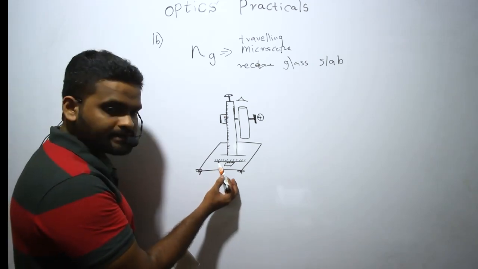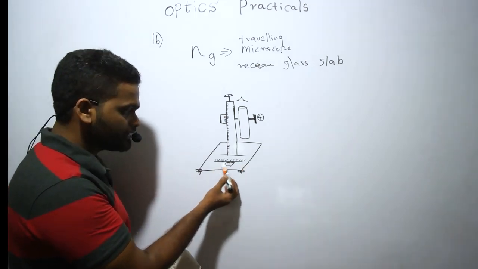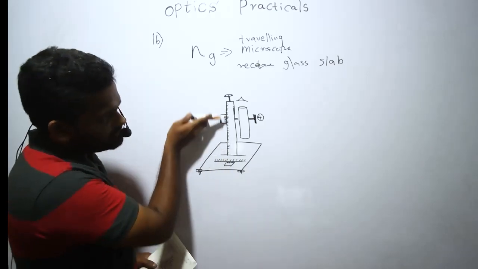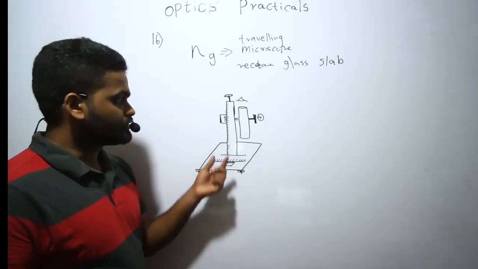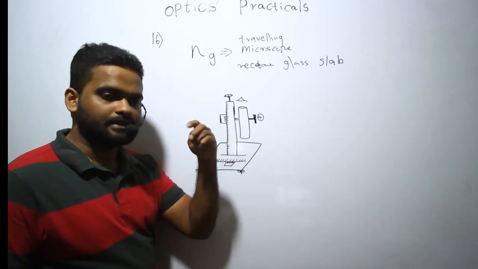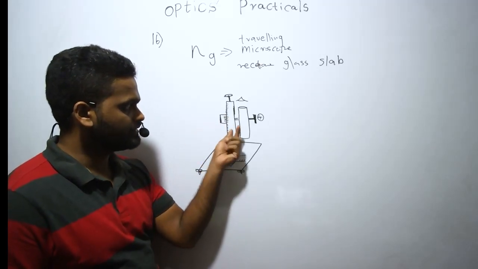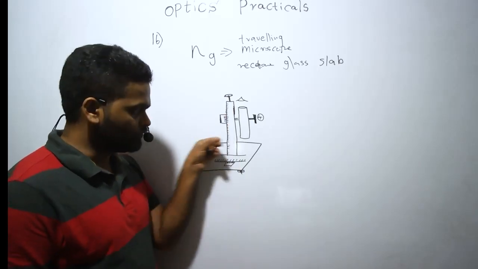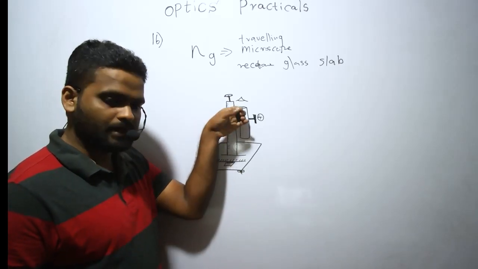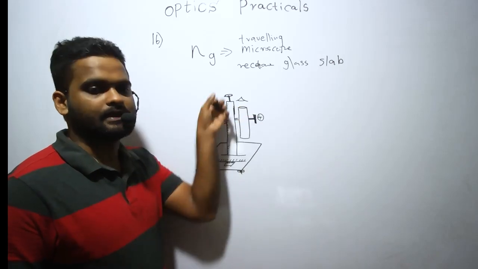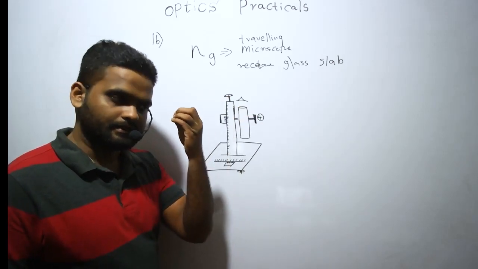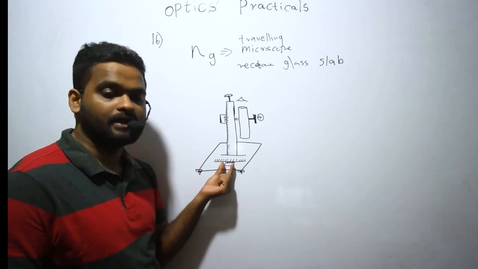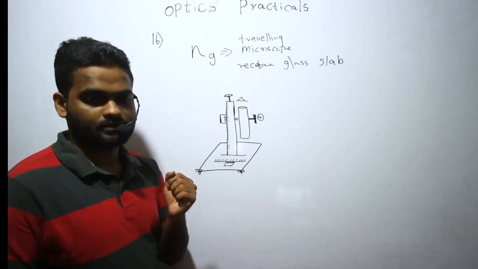This is called the horizontal vernier scale. This is the vertical vernier scale. From these scales, you can read how much the microscope is moved vertically and horizontally. You can move this bar, this microscope, horizontally and vertically. Then the distance you move, you can read from these vernier scales, this one and this one.